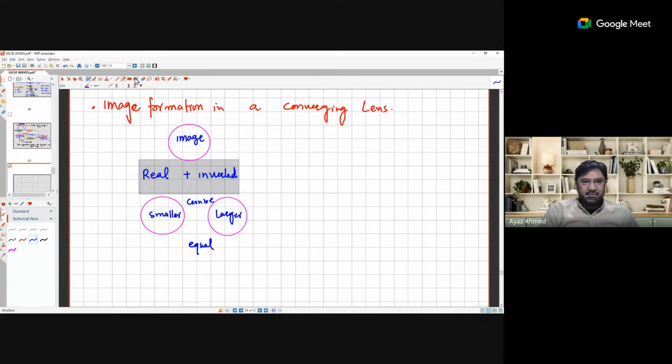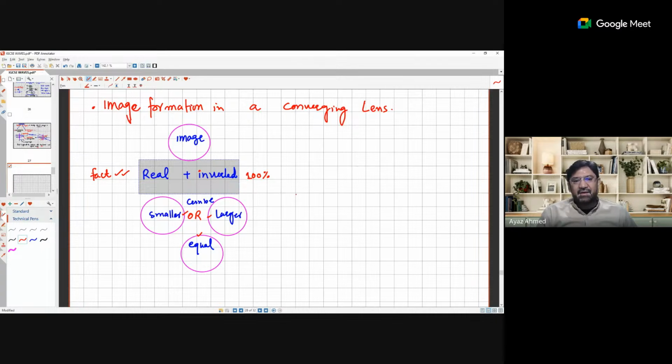But what is not possible, which is an eternal fact, is that the image will be real and inverted, so either this or this or this. This is a fact which will never be changed. This is 100% sure, right? If the image is real, it would be inverted.